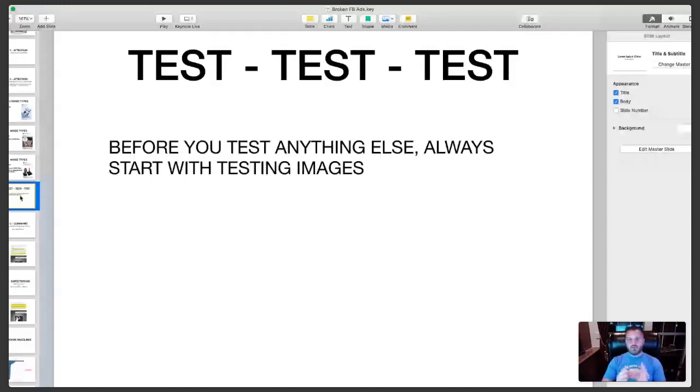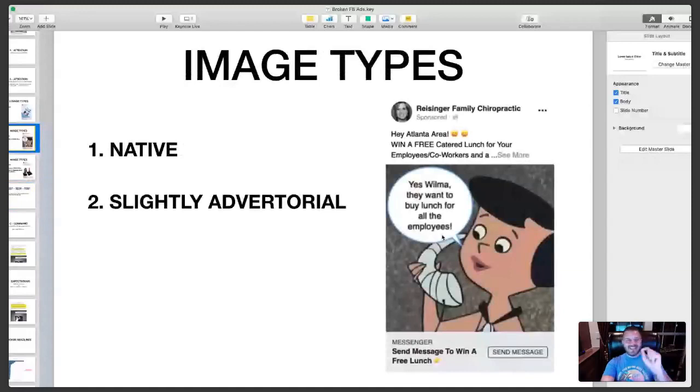Then you move on to the ad level. I would recommend you create an ad that uses a native image, and create another ad that uses the exact same ad copy, the exact same headline, the exact same button.